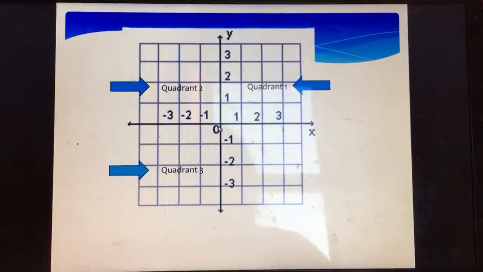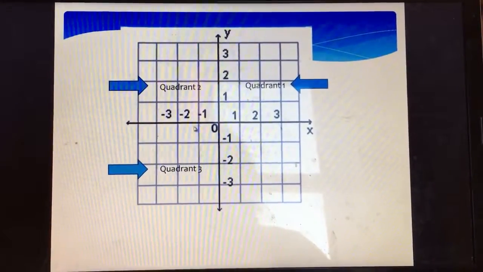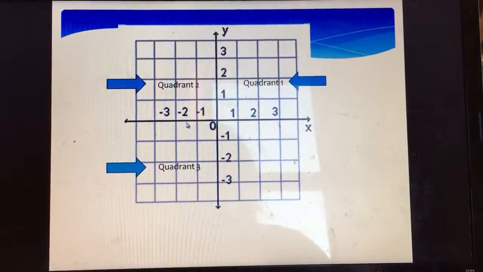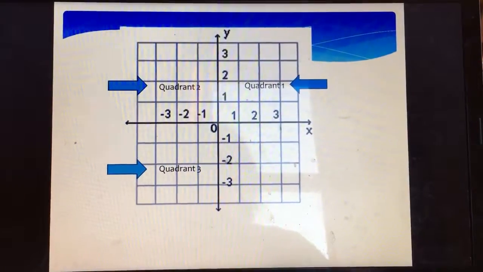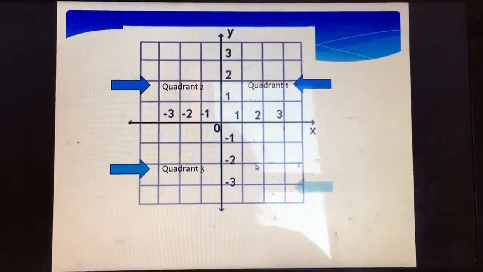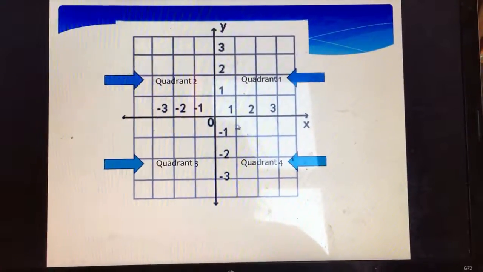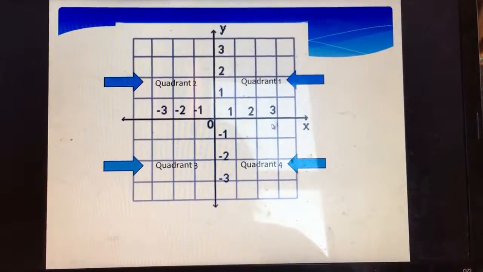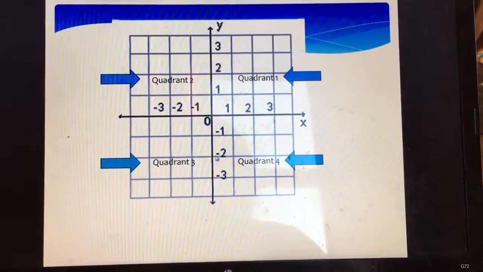These numbers are going to be both negative because you will have a negative x-axis number and a negative y-axis number. And then lastly, we have quadrant 4. In quadrant 4, the x-axis would be a positive number, but the y-axis would be a negative number.